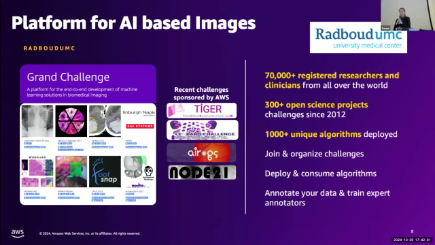Today, the Grand Challenge platform has grown to over 70,000 registered users across the world, and they have over 300 diagnostic imaging AI challenges every year. We have many different ones; I have a few examples here from TIGER, LEOPARD, and others. They also have more than 1,000 unique algorithms deployed.